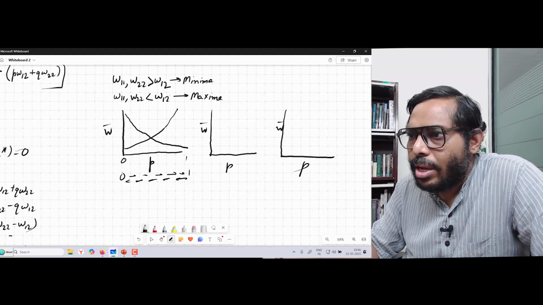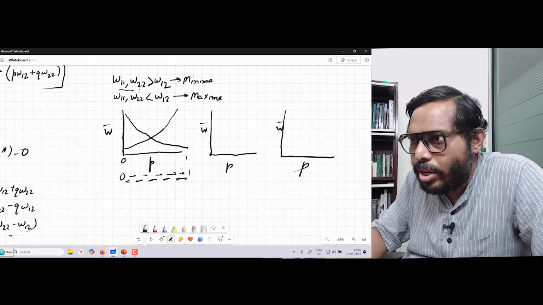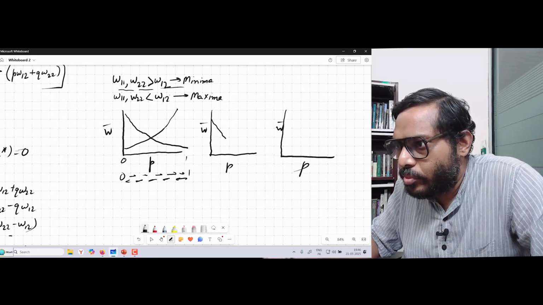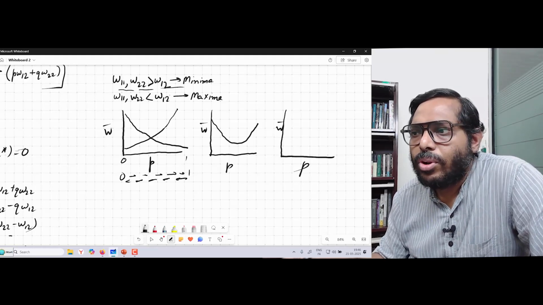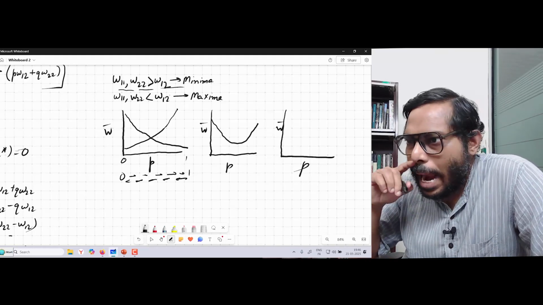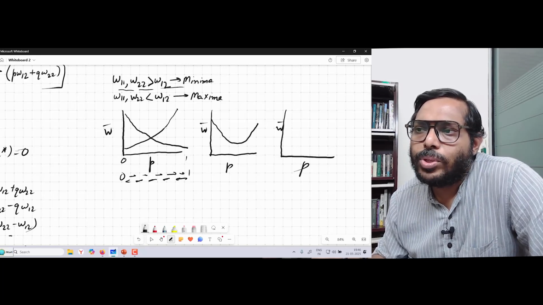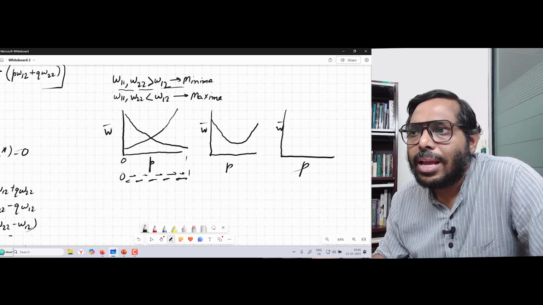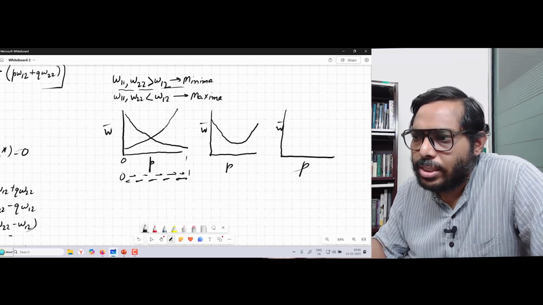If you have a situation where W11, W22 is greater than W12, then you will get a graph which will look like this, okay. The minima will be somewhere in the middle, and this situation where W11, W22 is greater than W12 means that the heterozygous form is less fit than both homozygous forms.